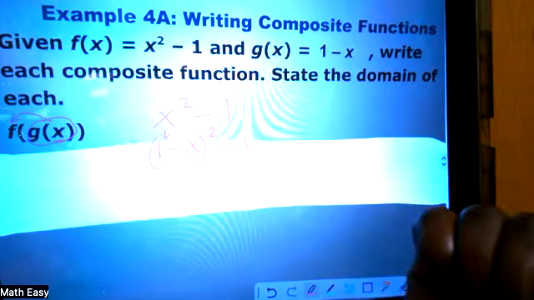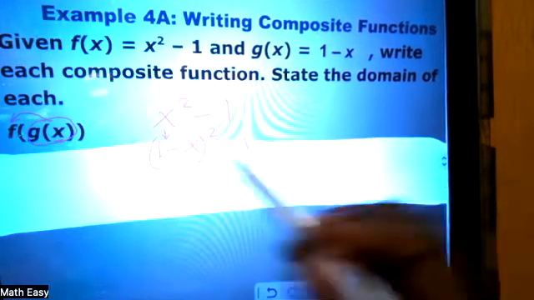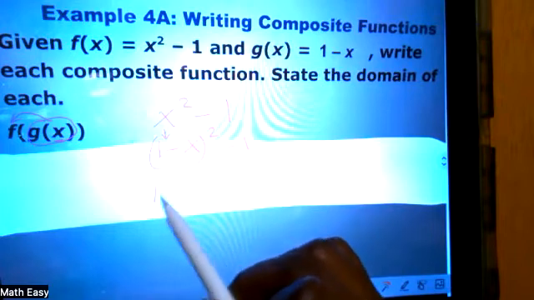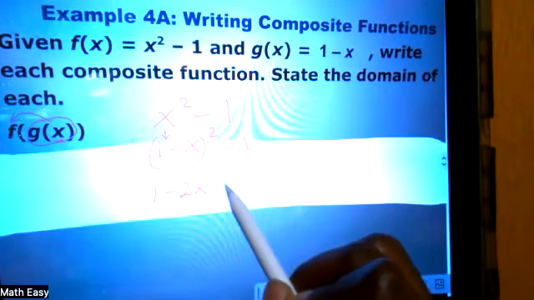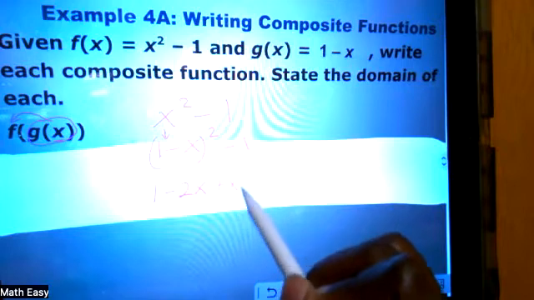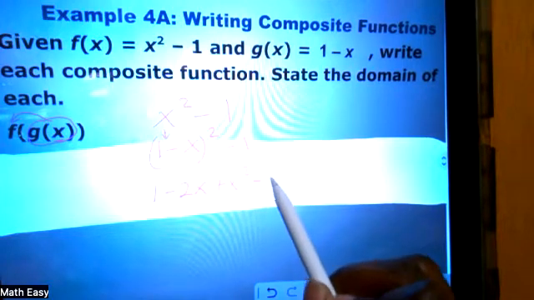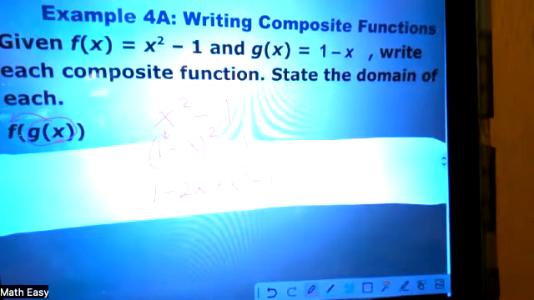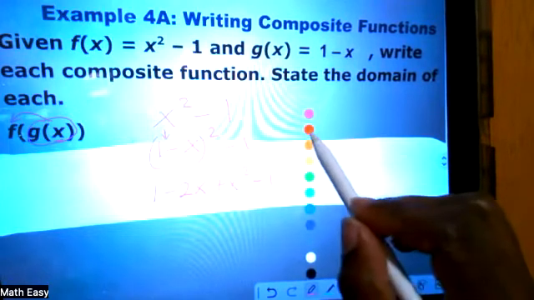Subtract 1. We can expand that to get 1 minus 2x plus x squared. And don't forget that -1 here. I'm going to use a different color so that we can see the difference.